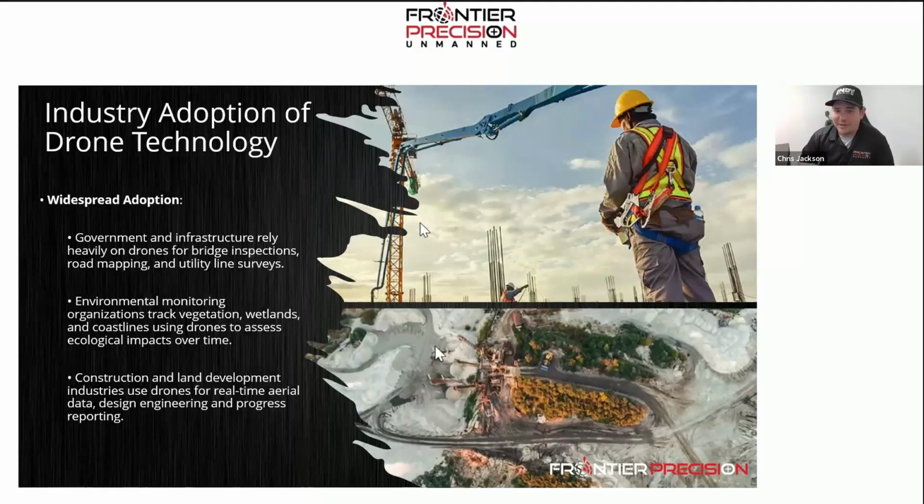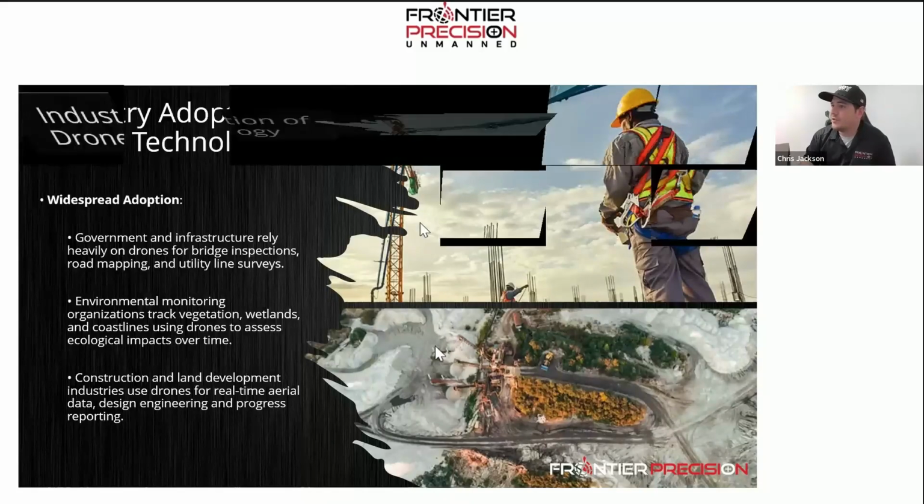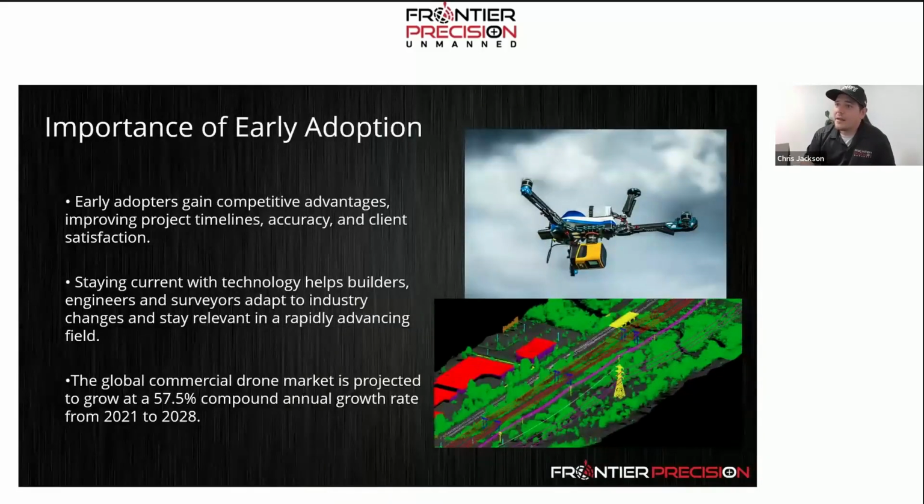Environmental companies are looking at the technology for wildlife management, invasive species detection, storm damage assessment and impact analysis. And then construction companies doing reality capture, digital twinning is becoming huge, progress monitoring, safety audits, and having archivable site condition surveys. So just a few of the ways that the UAS technology is getting adopted.